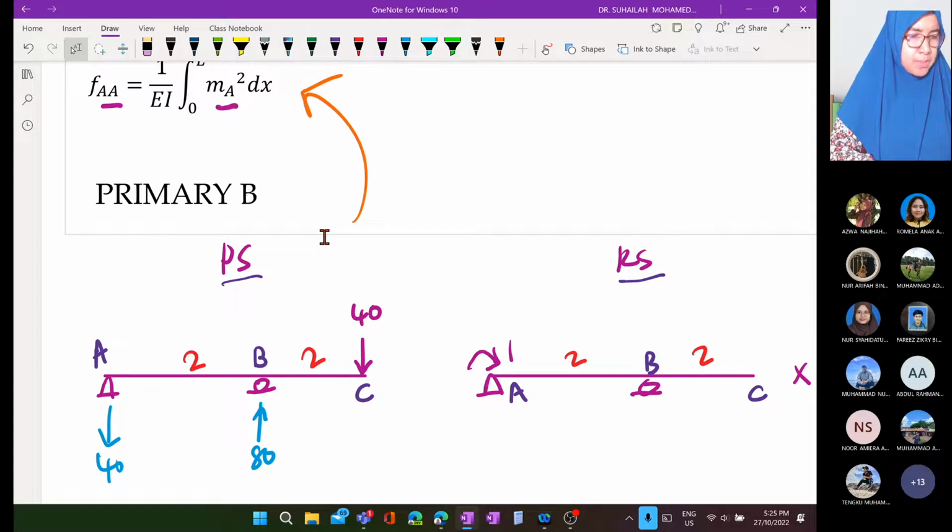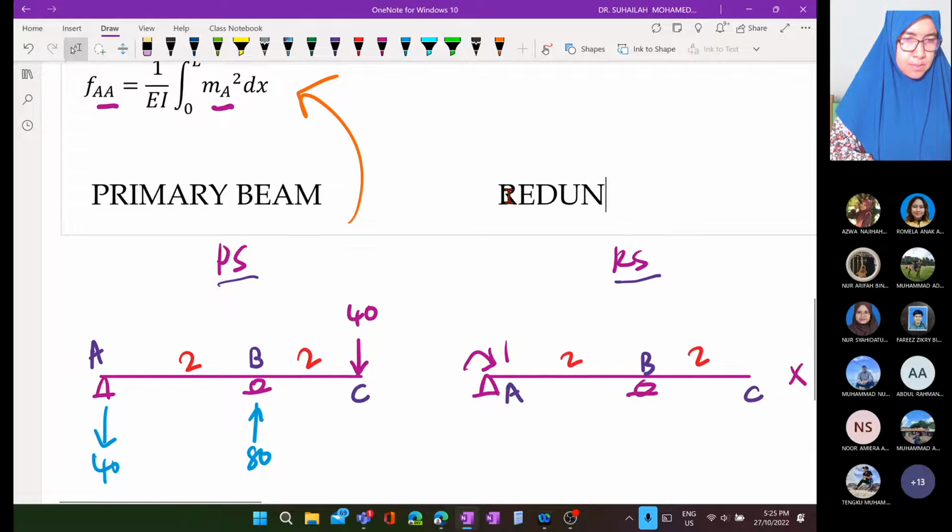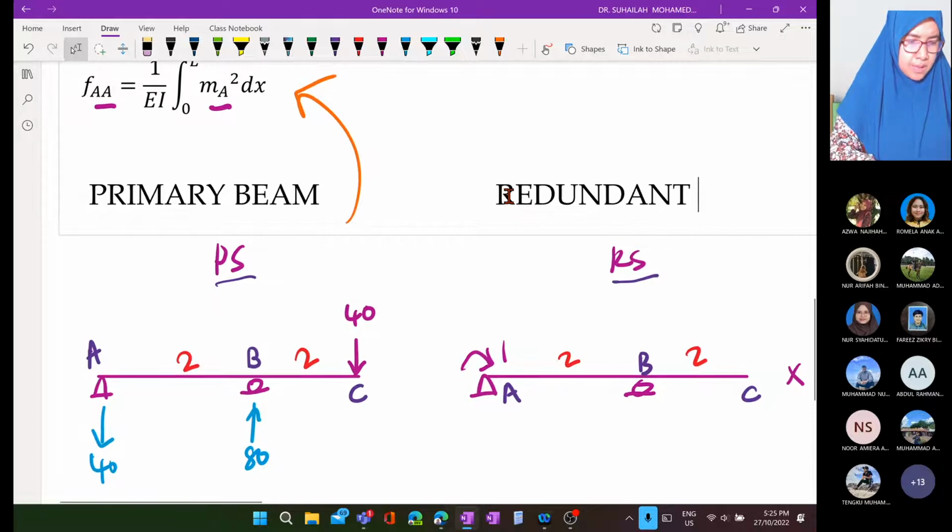This is primary beam. Cepat, ramai lagi dalam kelas ni. Please calculate redundant MA applied.